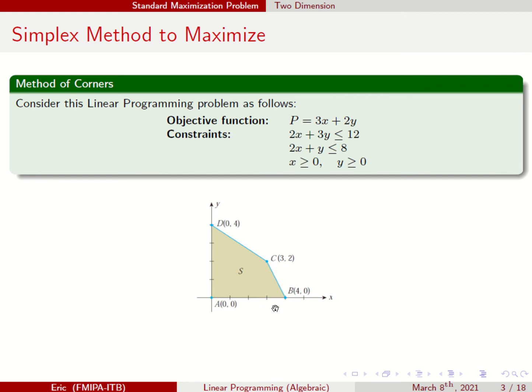I can identify all the corners, and I put all the points into the profit; the maximum one gives you the maximum P, the minimum one gives you the minimum P. That's what we usually call the method of corners.